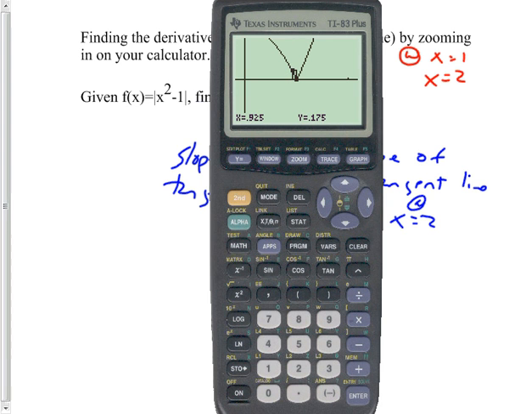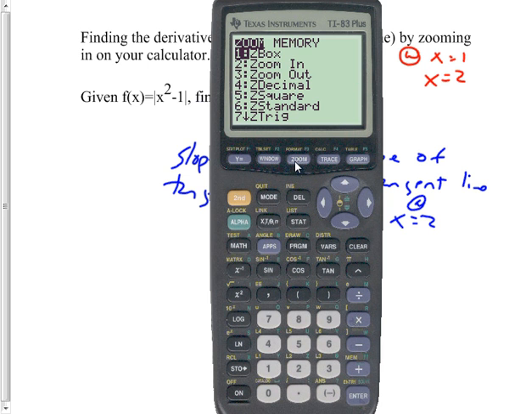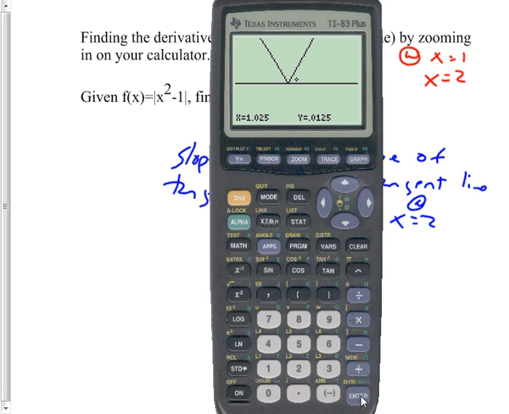Oops, okay, so I started that again. With zoom box, we need to press enter and make a box around x equals 1. I zoom in, and I'm not getting a line yet, so let's press zoom box again, zooming in again around x equals 1.